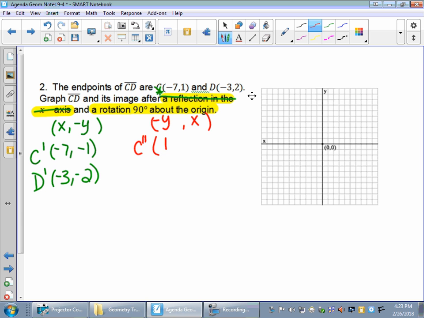And that would leave us with a +1, -7. For D double prime, plug it into our rule, our image, and I would get a +2 and a -3.